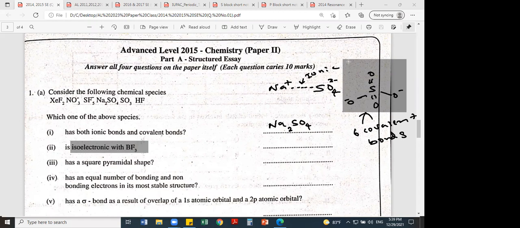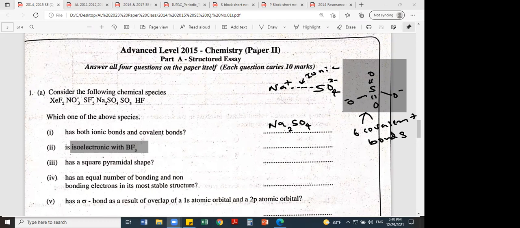Okay, you post the answer. Let's see. Sijan gave NO3, SO3, NO3, SO3.